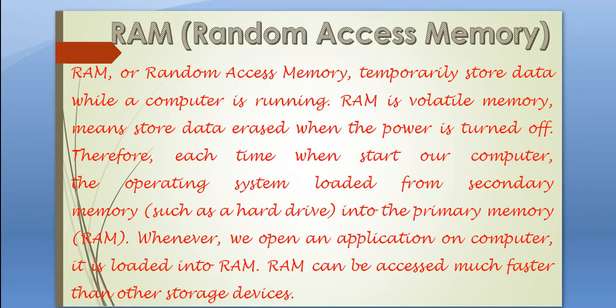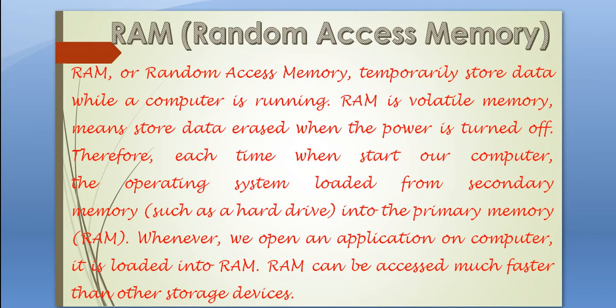Now, a type of primary memory is RAM, random access memory. RAM is used for random access. RAM temporarily stores data while a computer is running. RAM is volatile memory, meaning stored data is erased when the power is turned off. Therefore, each time we start our computer, the operating system is loaded from secondary memory such as the hard drive into primary memory like RAM.